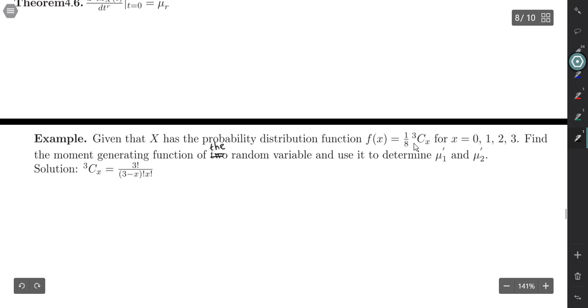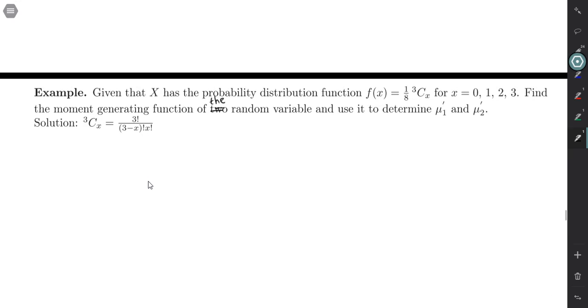Now recall that 3 choose x is written as 3 factorial over (3 minus x) factorial times x factorial. Okay, so let's start with the definition. M_X(t) is the expected value of e to the tx.